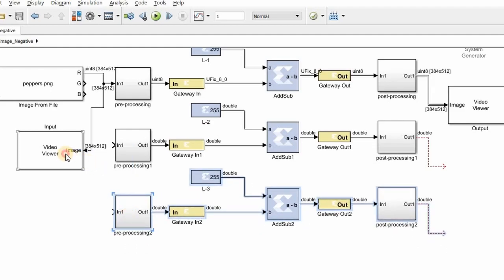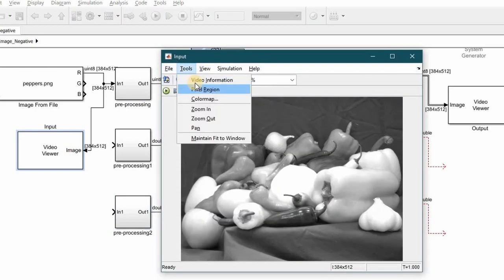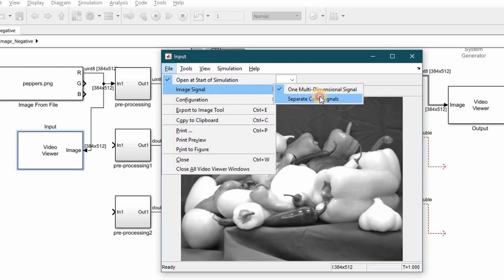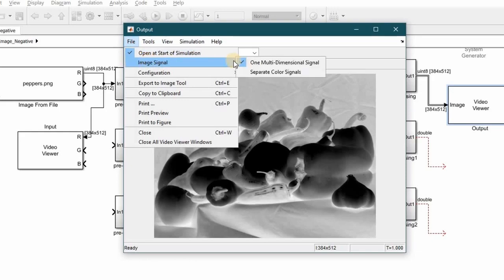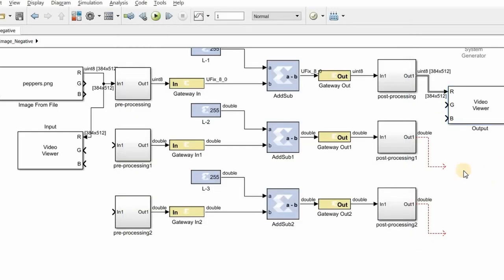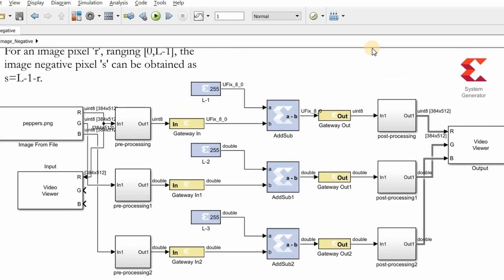And for the video viewer, we need to have the 3 channels independently. So I'm going to image signal and the separate color channels. And also for the output, image signal and then separate color channels. So connect the outputs to each of the channels, and the inputs too. So this is the entire model for the image negative.